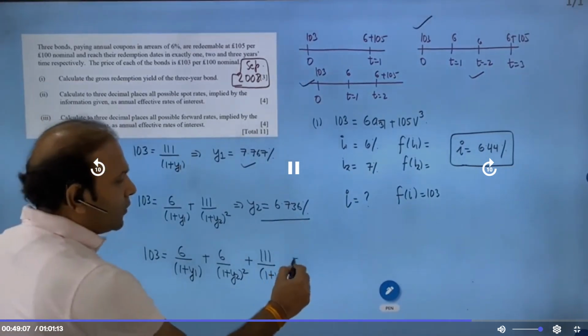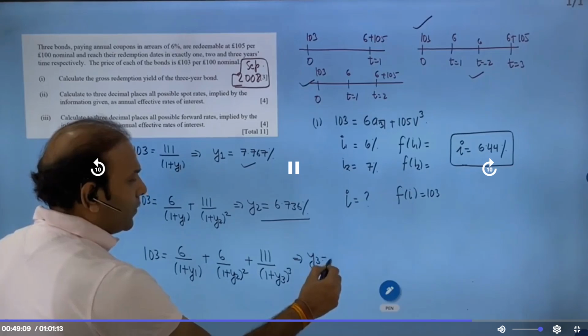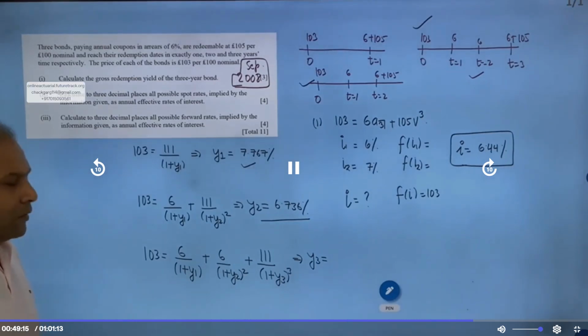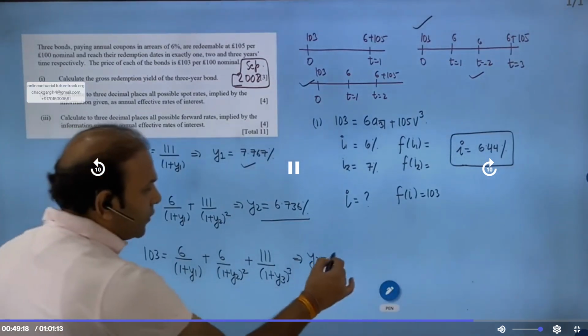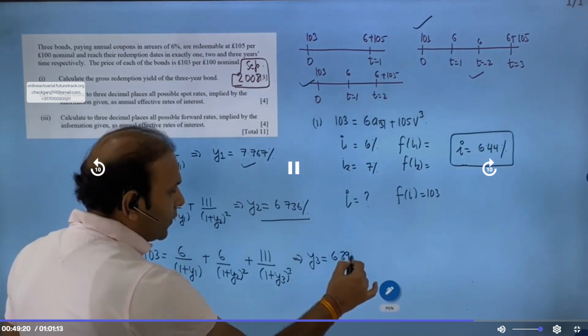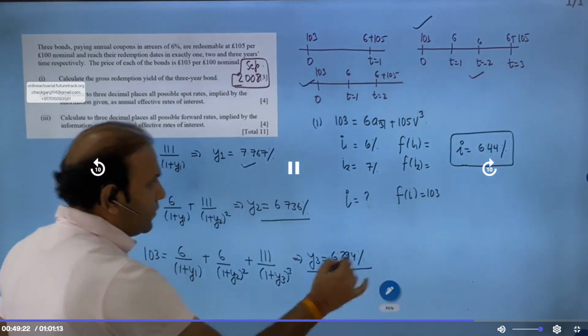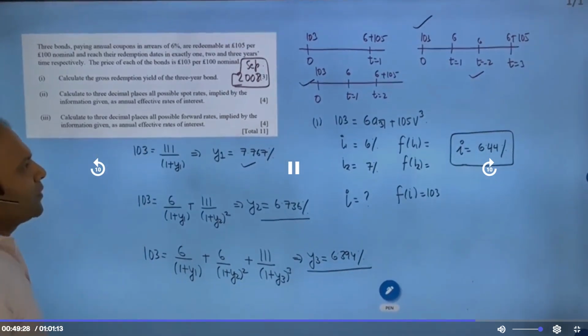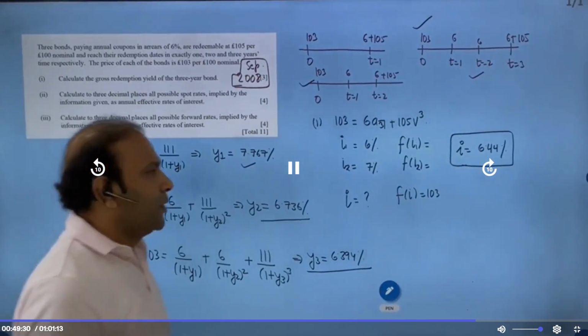So class, when you solve this for y3, we get the 3 year spot rate. Fine. So class, this is 6.394%. Fine. Any problem? Calculate to 3 decimal places, all possible forward rates as well.